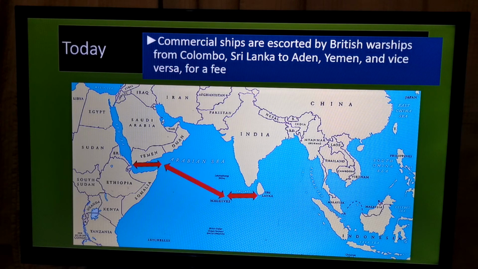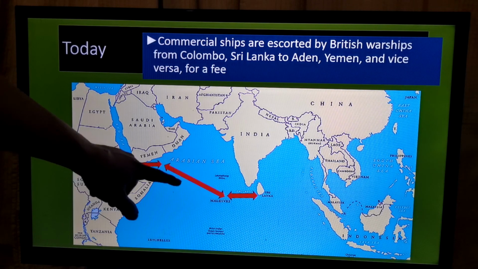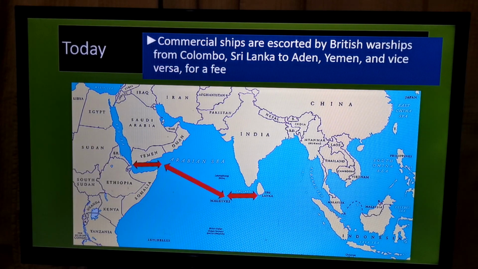At least you are protected. At least you don't get hijacked. And that's the situation now over here in the Somali waters. So the Somalis at least have been controlled by this practice.